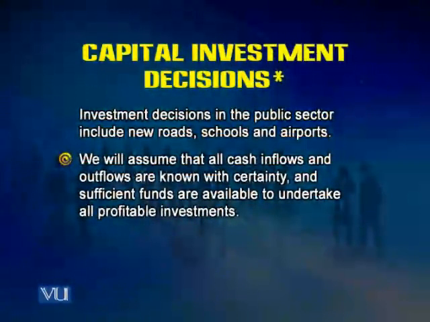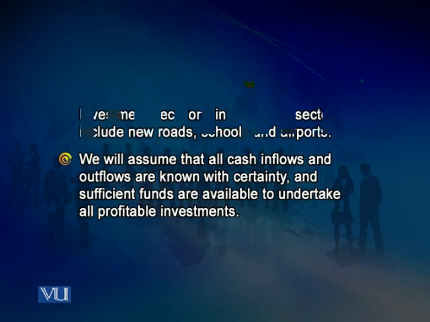We will assume that all cash inflows and outflows are known with certainty and sufficient funds are available to undertake all profitable investment. So this is an assumption. First of all, the assumption is that the cash inflows and outflows.